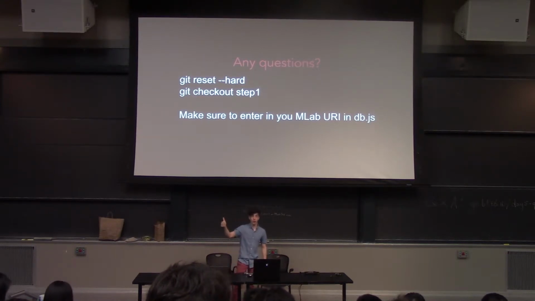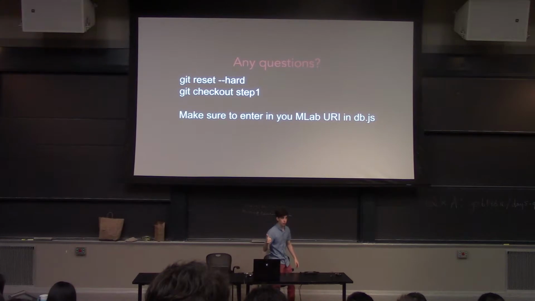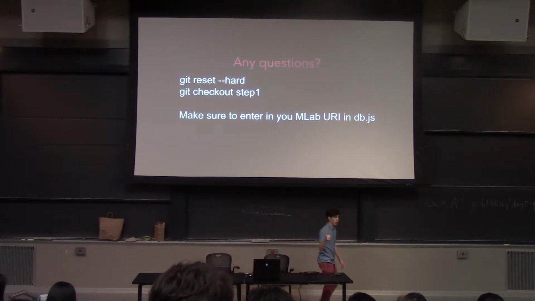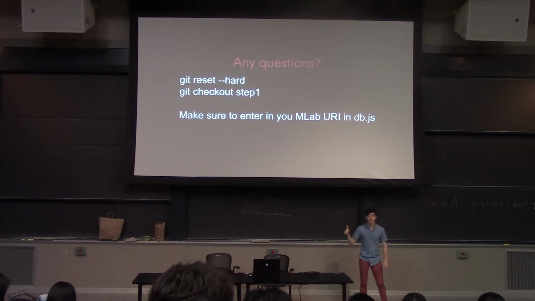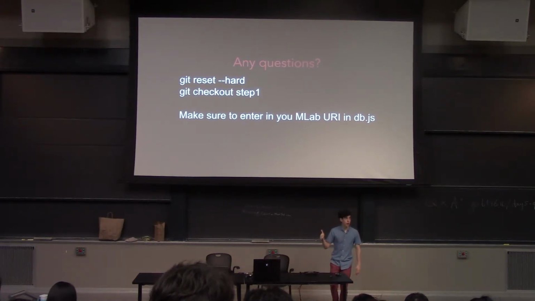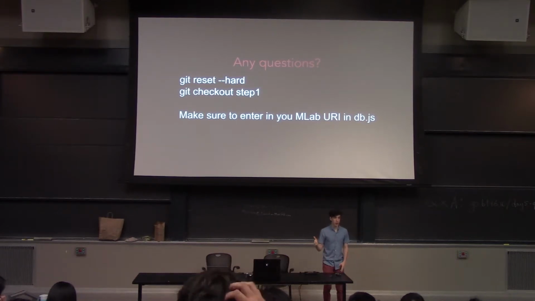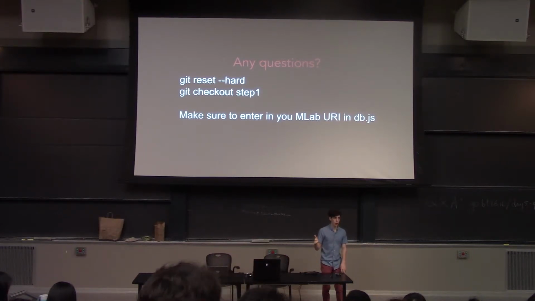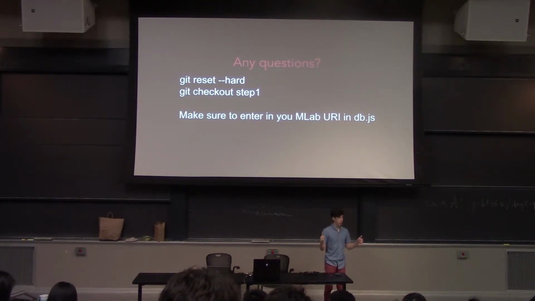Can I get another thumbs up when you guys are on step 1? Not too many people. Waiting for a few more. Okay, we've got a decent number of people. Is there any reason why people are not on step 1 right now? I just don't see everyone on it. Okay, I'm just going to go ahead.